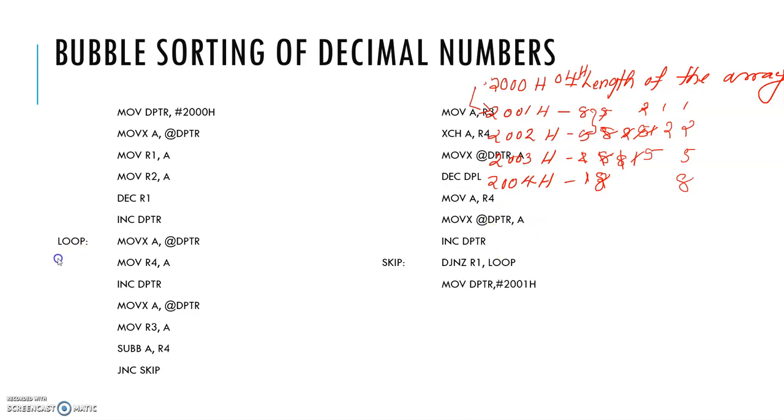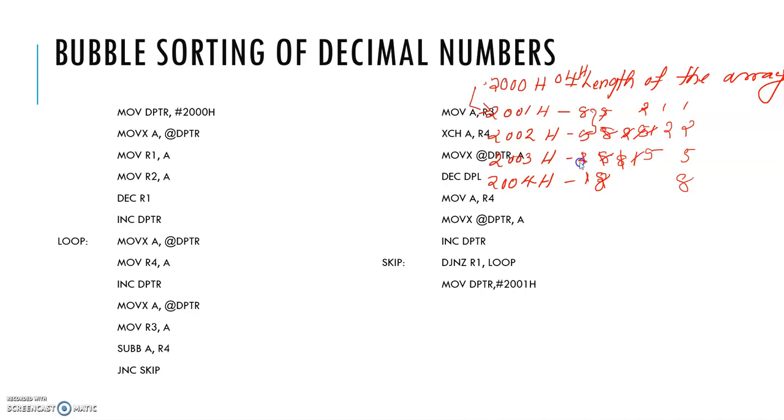For that we go back to the loop, MOVX A comma @DPTR. Now A contains 8, because we swapped here. After swapping, we get the value 8 here. This 8 is moved to the accumulator register, and placed in R4. Then increment the DPTR so that it points to 2003.